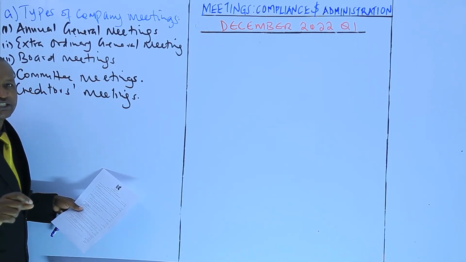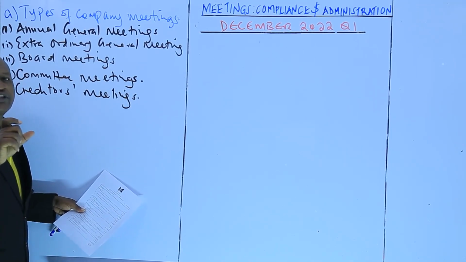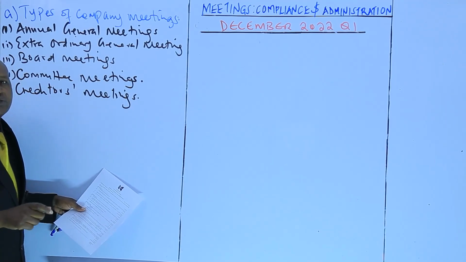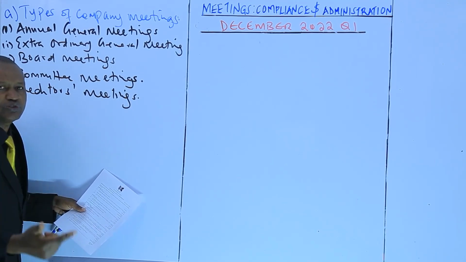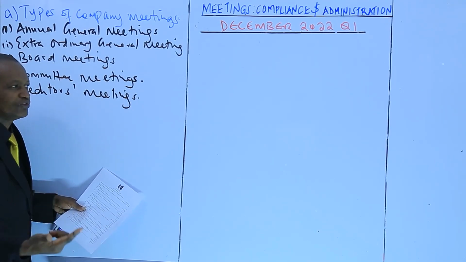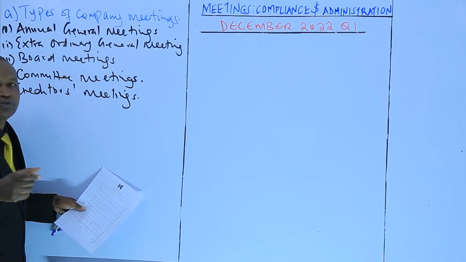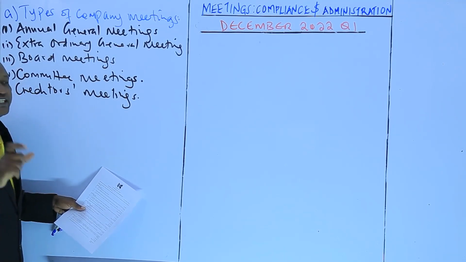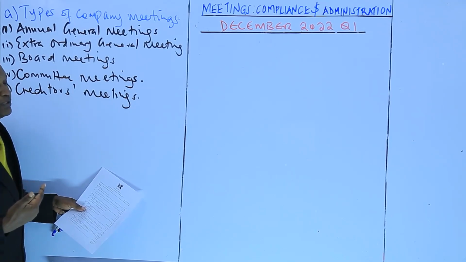Board meetings are convened for the directors of the company to discuss and make decisions on strategic matters, on financial performance, on governance issues, and any other key aspects of the company's operations.